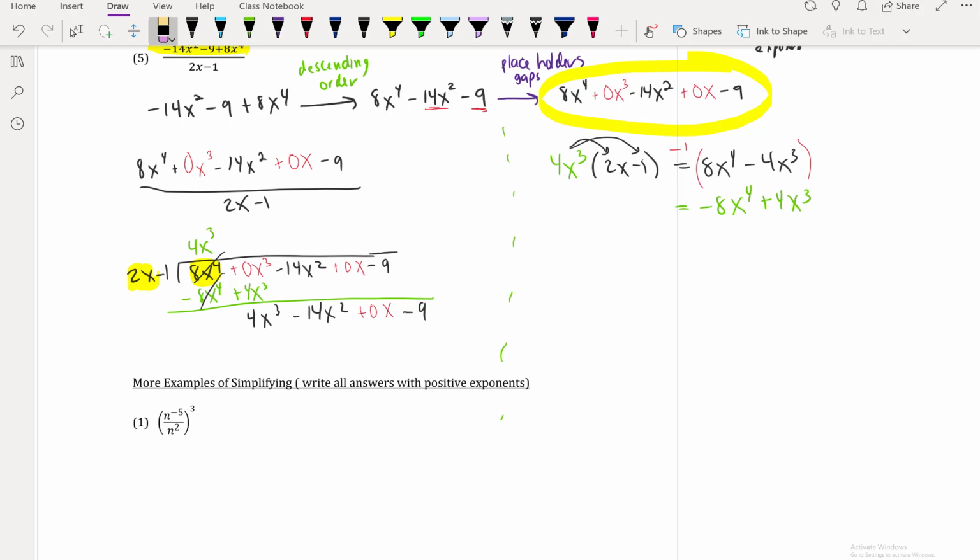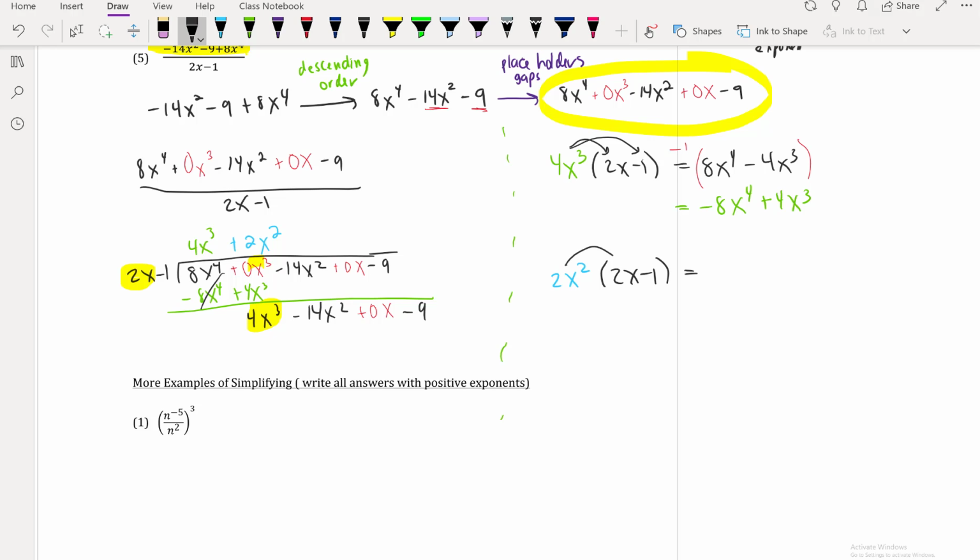So again, I'm going to have to deal with this first term, that 2x. And I also have to deal with this 4x cubed now. So let's think about this. Well, I know that 4 divided by 2 is a positive 2. And x cubed divided by x is an x squared. So I really have a 2x squared that's going to get multiplied by my 2x minus 1.